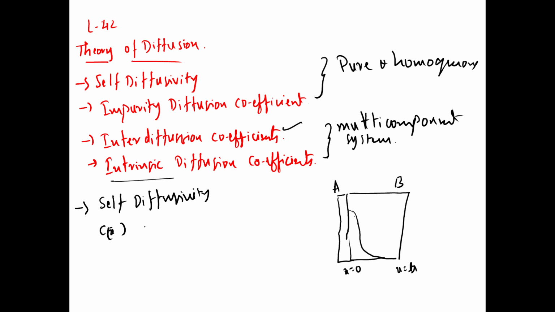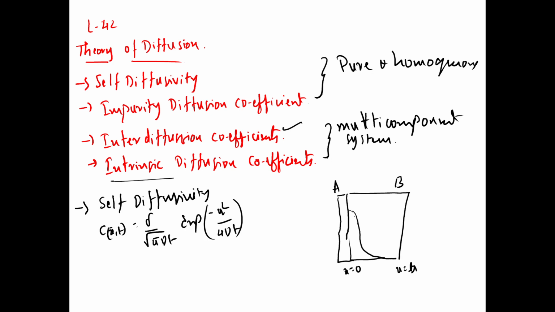how will it be? Can you tell me, recall the equation? So this is the equation that we have already explained in lecture 20: c equals something over root pi Dt, into exponential of minus x squared divided by 4Dt.